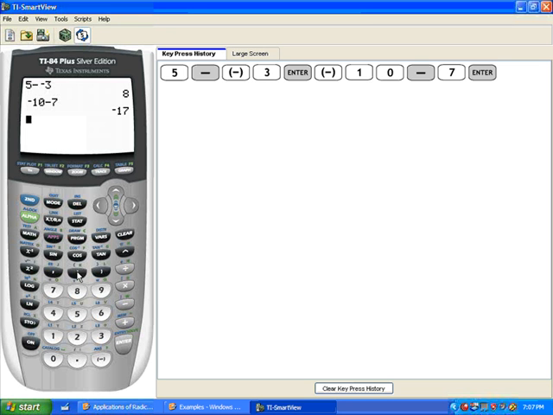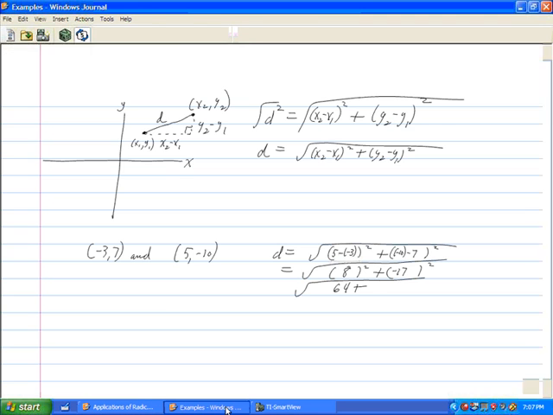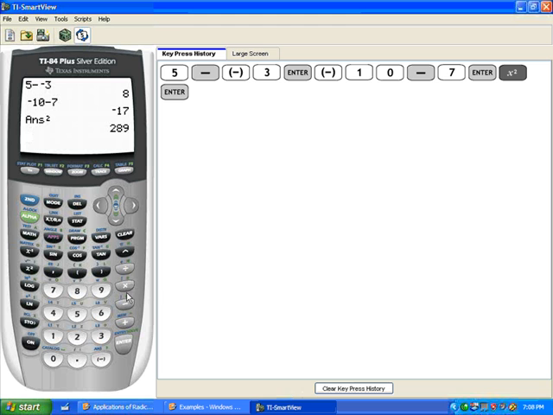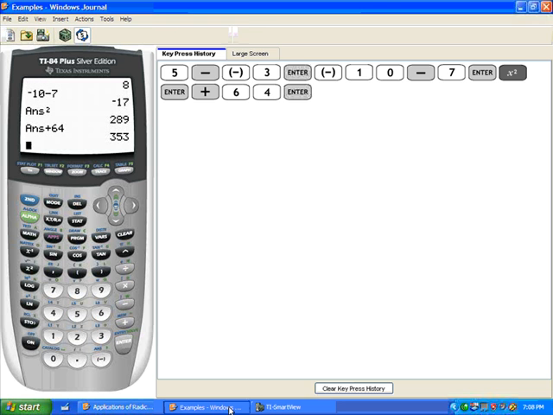So hit squared, since that was our last answer, it'll square that answer and give us a 289. Now we add these two together. 289 plus the 64 gives us a 353.